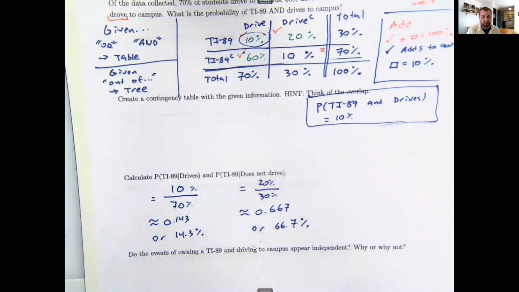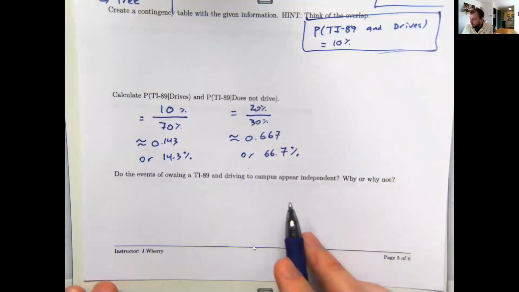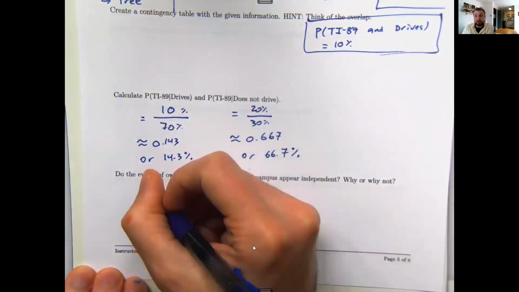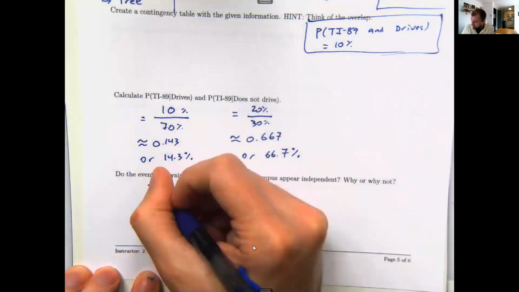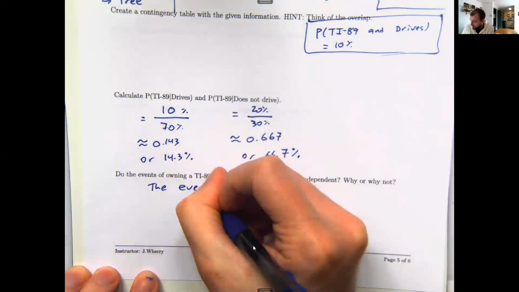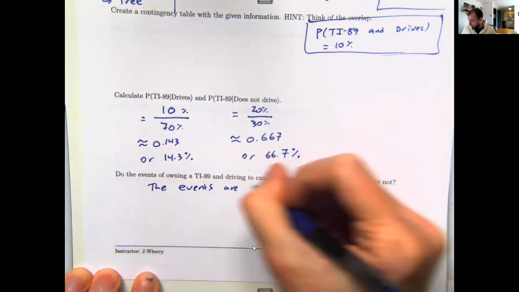So I'm noticing that if you do not drive, you are more likely to have a TI-89 than if you do drive. Are the events independent? Why or why not? Looks like there's a relationship. They're not the same ratios. So the events are dependent.